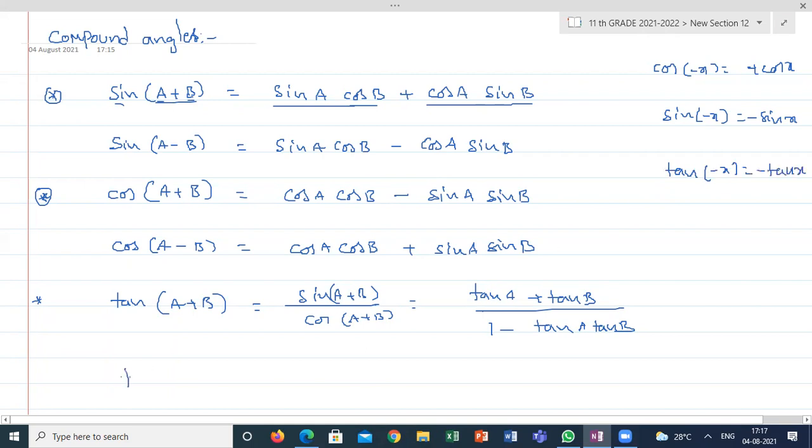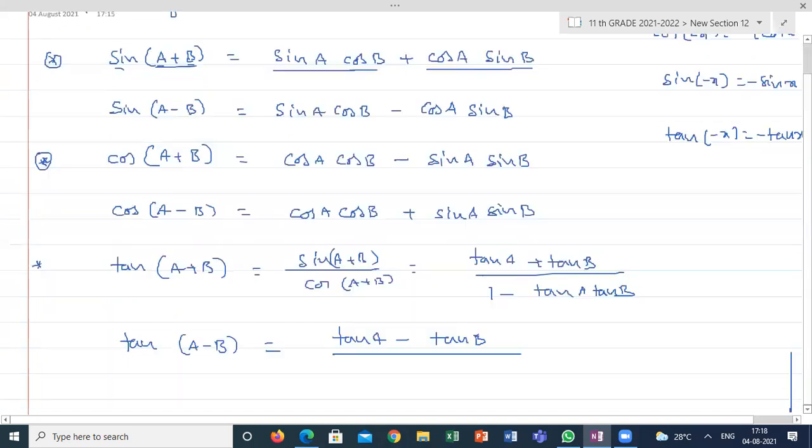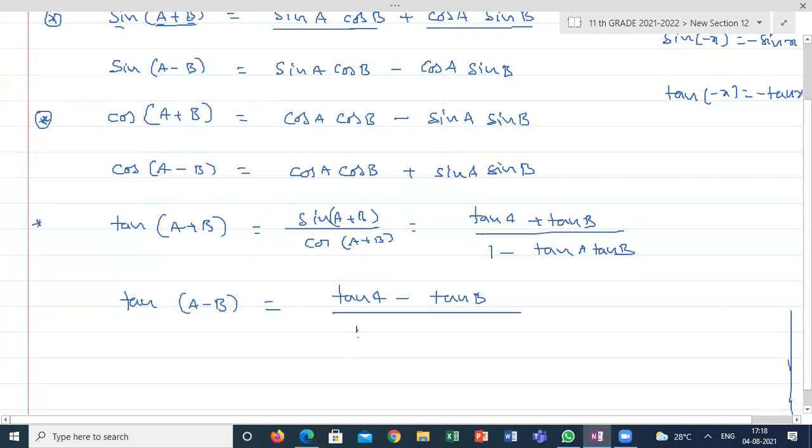From here, tan of A minus B can be written as tan A minus tan B divided by 1 plus tan A tan B. From here, anyone can calculate cot of A plus B in terms of cots. How to calculate it? You have to take tan of A plus B and reciprocate everything.